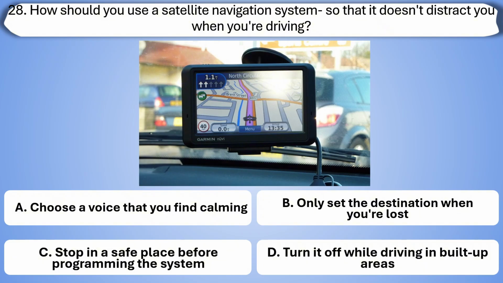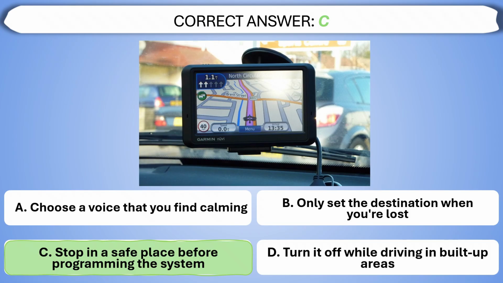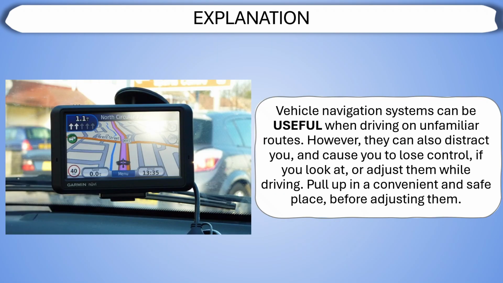The correct answer is C. Stop in a safe place before programming the system. Explanation. Vehicle navigation systems can be useful when driving on unfamiliar routes. However, they can also distract you and cause you to lose control if you look at or adjust them while driving. Pull up in a convenient and safe place before adjusting them.